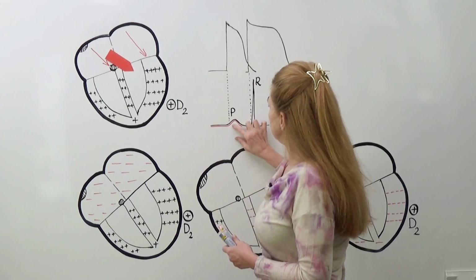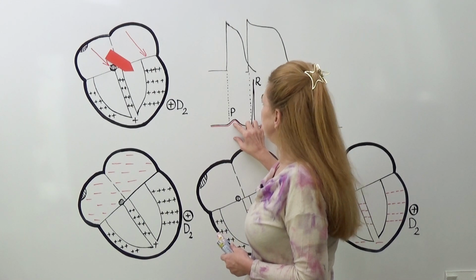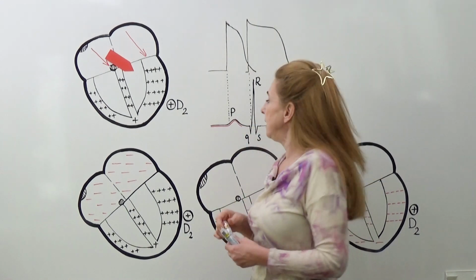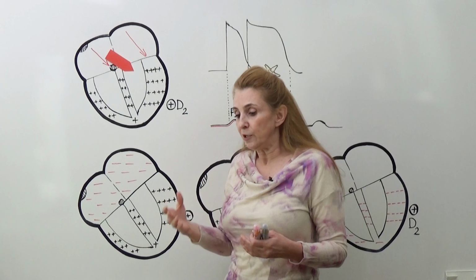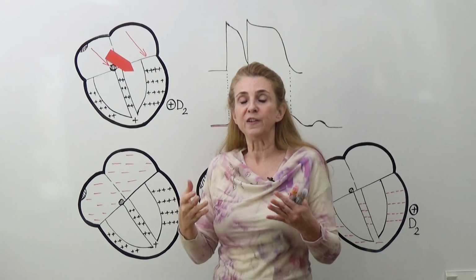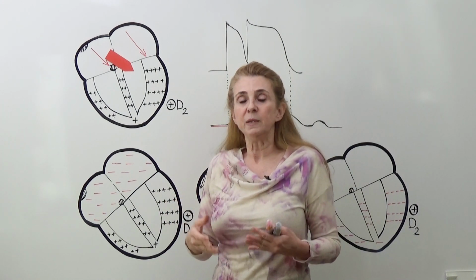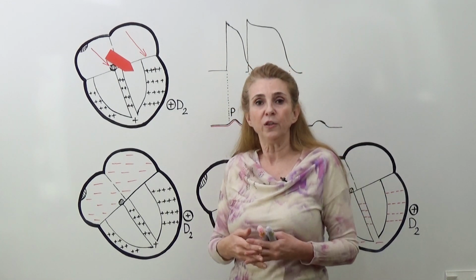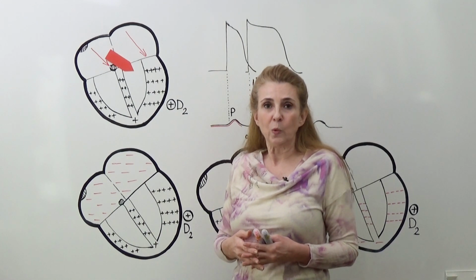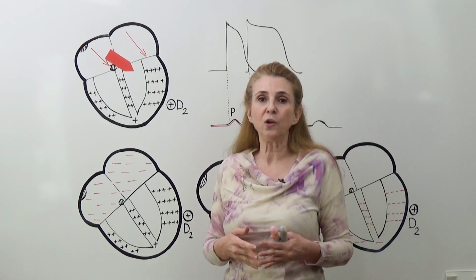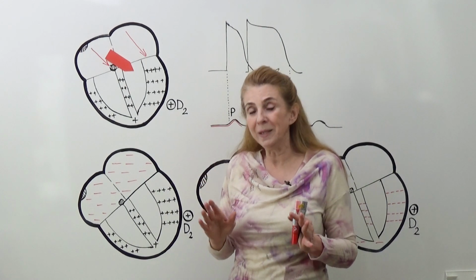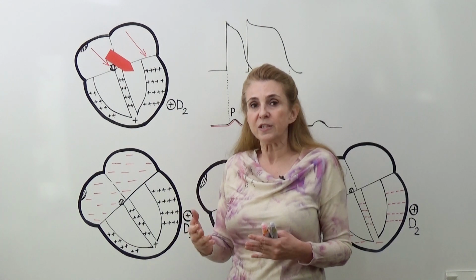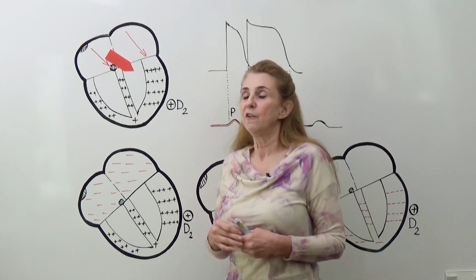The rising arm of the P wave represents the right atrium, and the falling arm of it represents the left atrium. Electrocardiography records 12 derivations, 12 leads. In most of them, the P wave is going to be positive, but as we move on to new videos about electrocardiography, we are going to learn that there may be normally some negative P waves in some of the derivations, and there may be even some biphasic P waves.